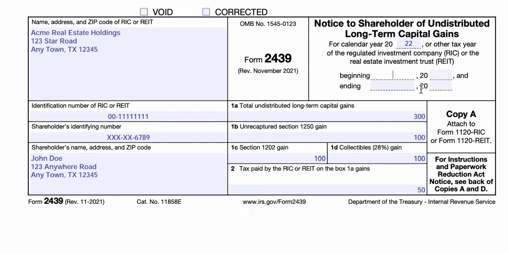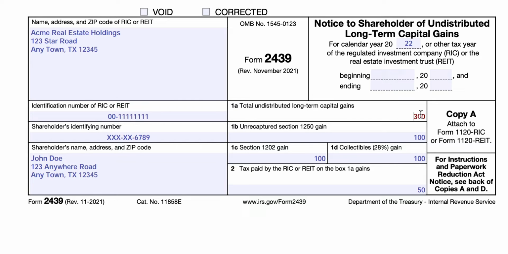So in Box 1A, the company or trust will enter the total amount of undistributed long-term capital gains that's allocable to each shareholder. So this $300 represents John Doe's undistributed long-term capital gains based on his ownership in this REIT.